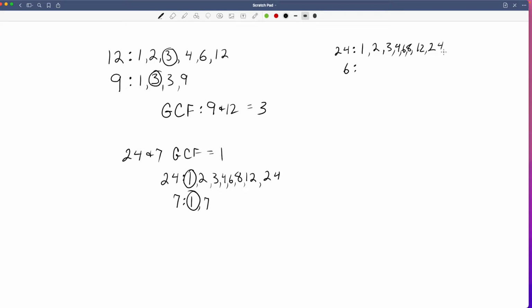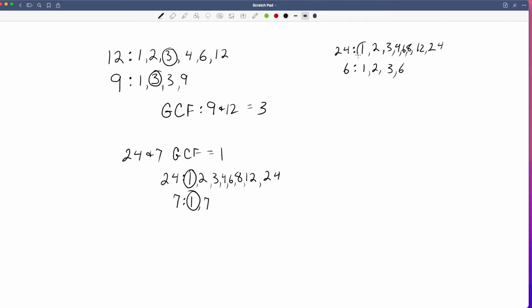Those are all the factors of 24. For 6, I could say 1 times 6, and I can also say 2 times 3. And that's it.